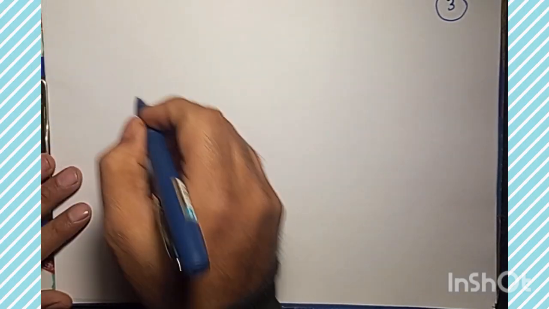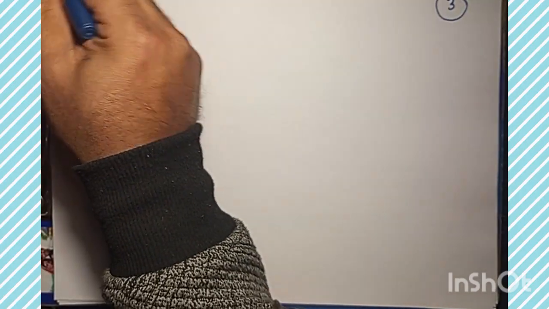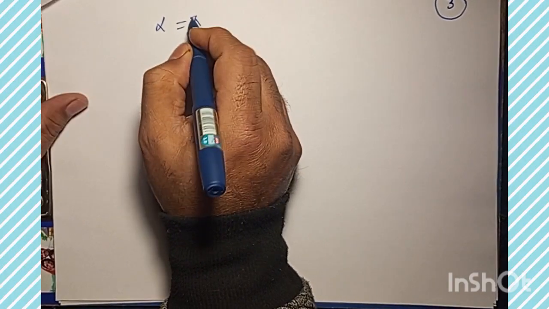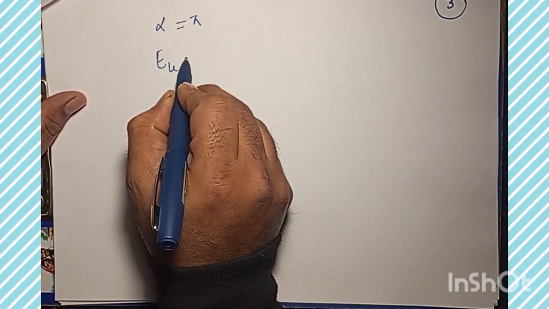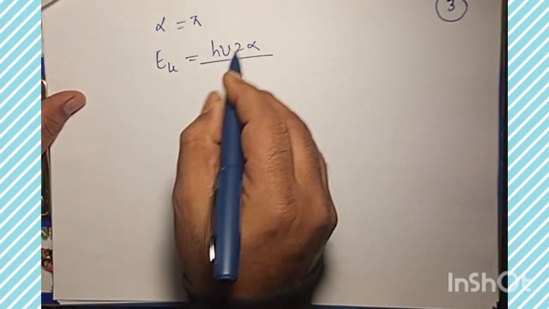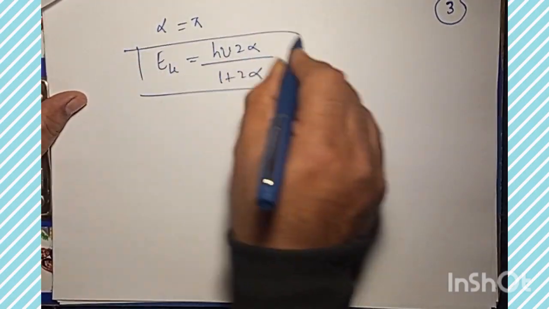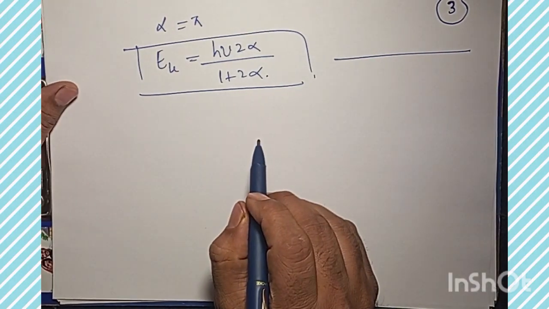Now, what it states: if we take alpha equal to pi in this equation, then for alpha equal to pi, we have E_k that we calculated as h nu times 2 alpha divided by 1 plus 2 alpha.